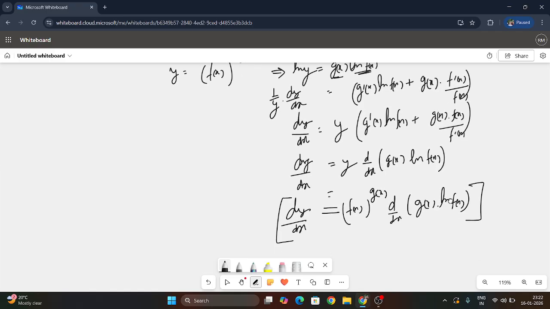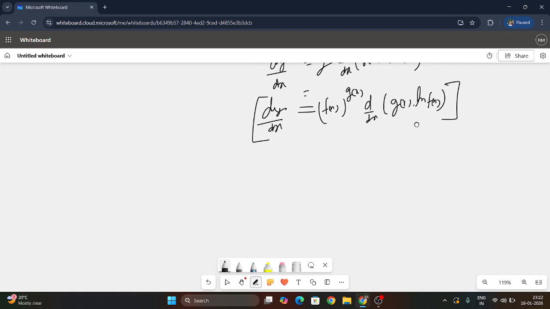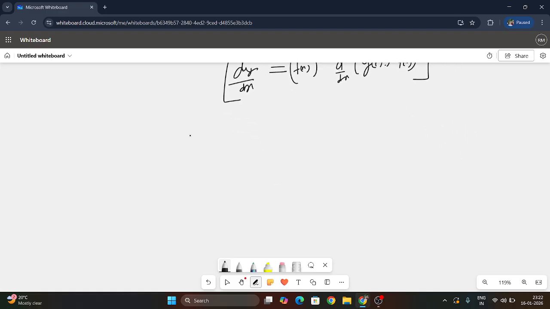Now let's take some problems based on this, and you get to know what is basically the use of this while solving the problem. First problem is y equal to (sin x) to the power log cos x.